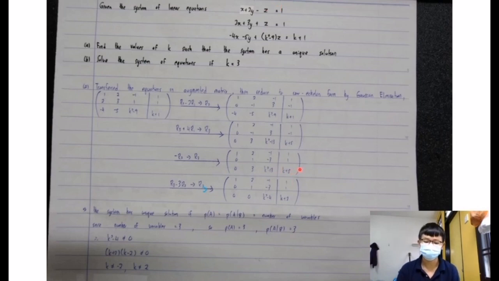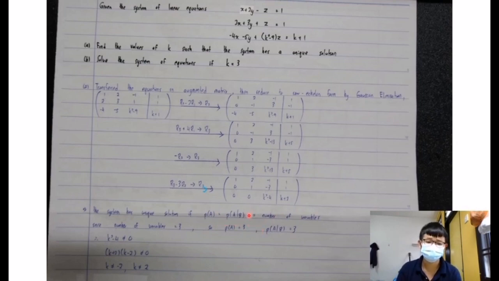So now we get the row echelon form. The question asks to find the value of k when the system has a unique solution. So we need to check the rank of A, the rank of A|B, and the number of variables. The system has a unique solution when rank A equals rank A|B and equals the number of variables.